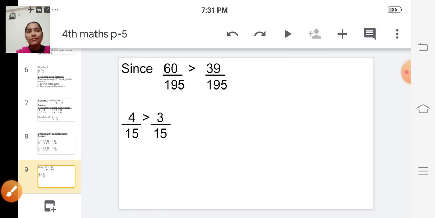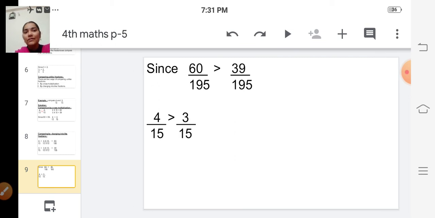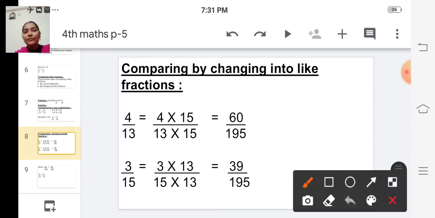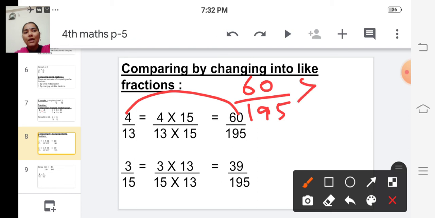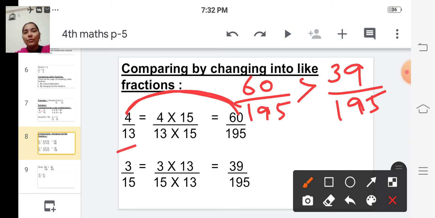Since 60 by 195 is greater than 39 by 195, and 60 by 195 belongs to 4 by 13, isn't it?